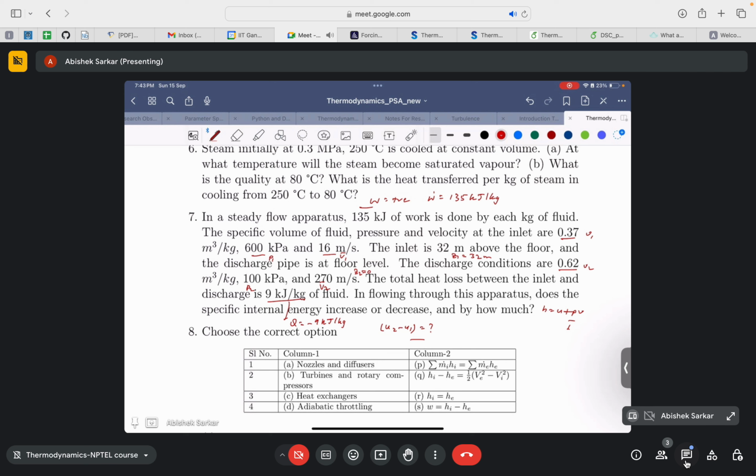So since all your terms are in kilojoules per kg, make sure that you convert your net change in kinetic energy and the potential energy into kilojoules as well, by multiplying it with 10 to the minus 3. Okay, then let's wait for 5 more minutes and then see the solution.